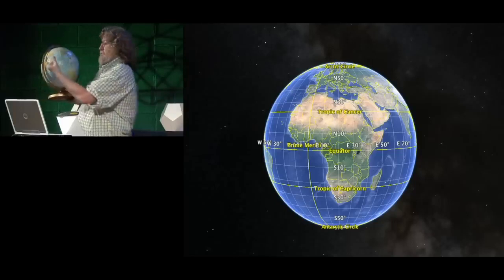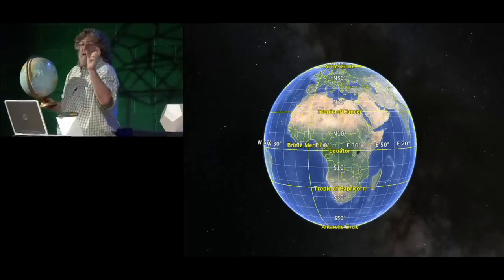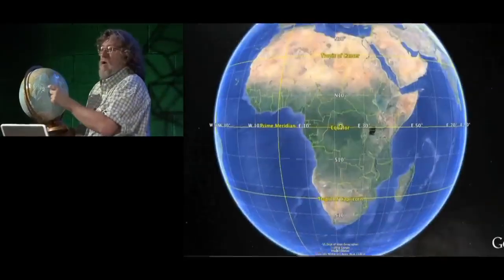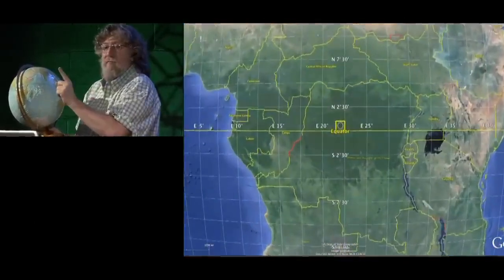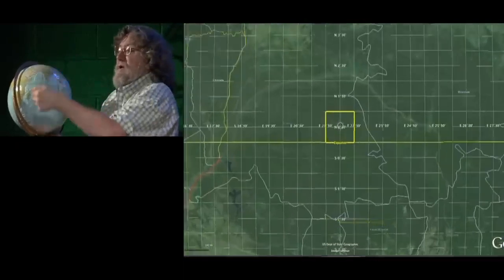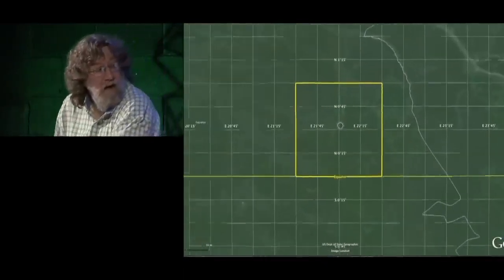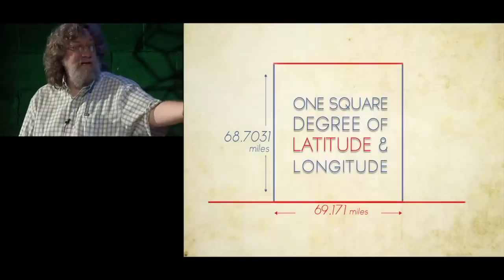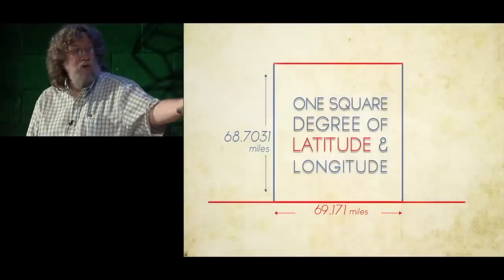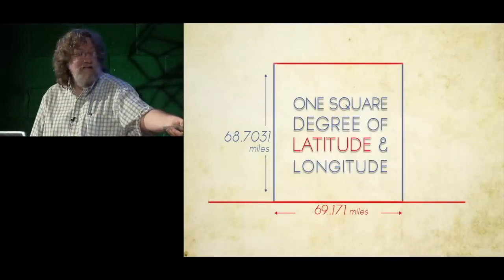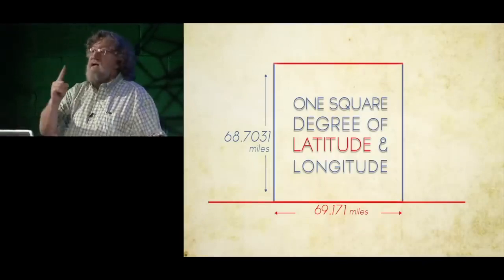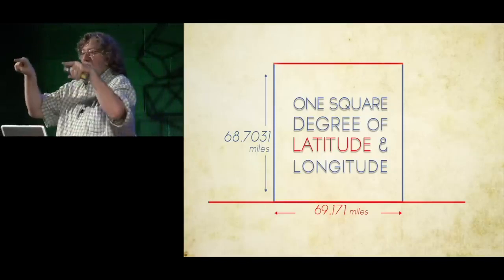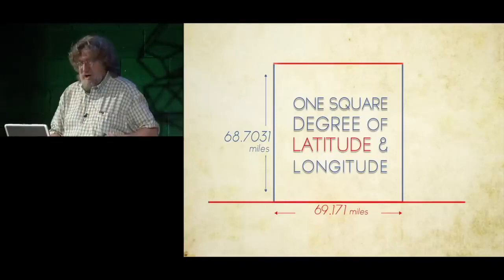A degree of measure on the equator is going to be the longest of any degree we measure anywhere on the Earth. The north-south is going to be a little bit shorter, and you'll notice right there we've got 68.7 miles north to south and 69.17 east to west. So it's not a perfectly square unit, is it? It's a little bit distorted.